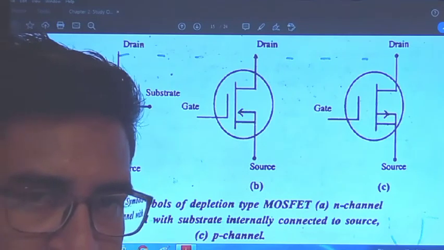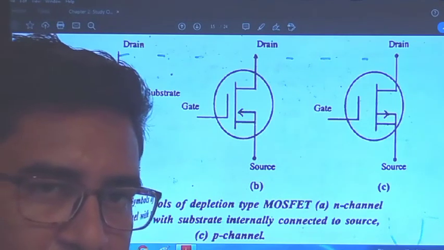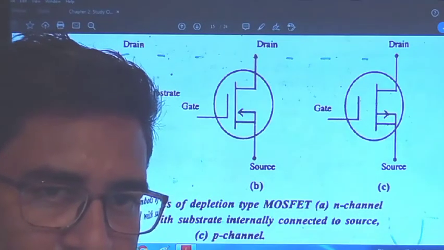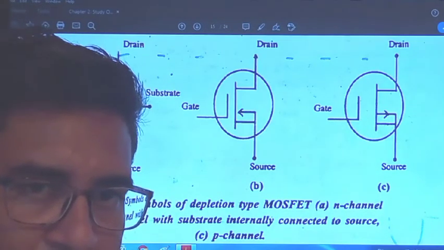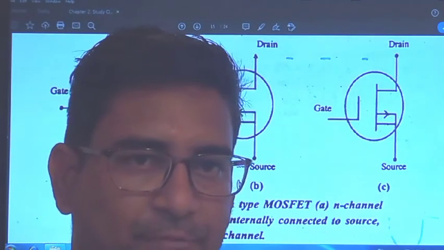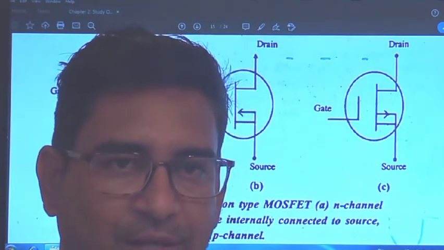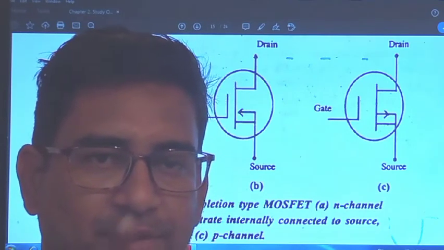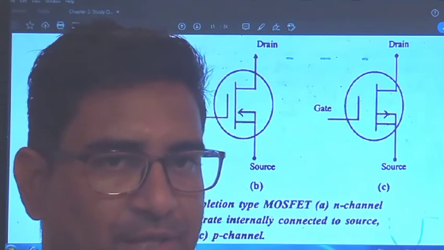But in which terminal do you have to draw the arrow? You have to draw the arrow only on the substrate terminal. Okay, students. In a JFET we drew the arrow on the gate terminal, either in or out, and from that we considered which is the N channel and which is the P channel.